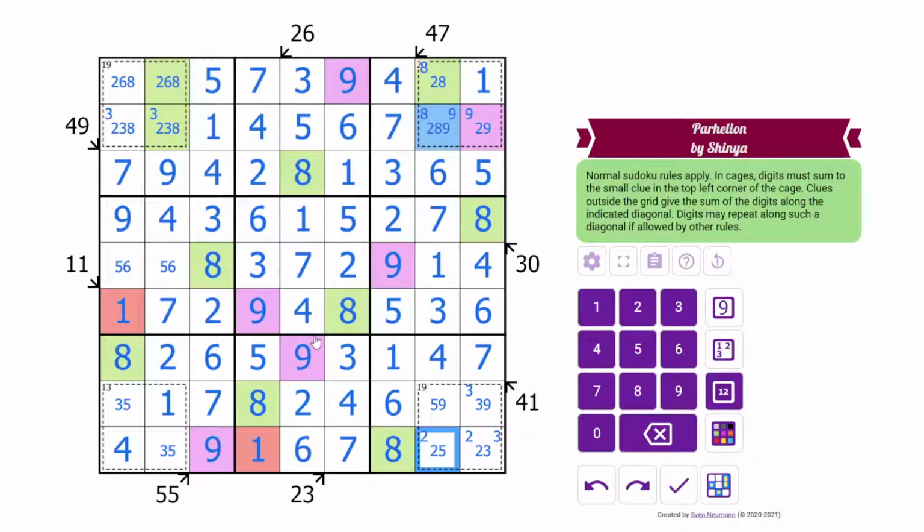It's teetering. Just barely isn't giving. I filled in everything else except for these two cells. Did I miss something about this diagonal? Is there a diagonal here that hits those cells? Of course there isn't.